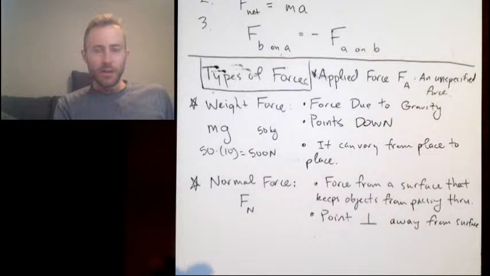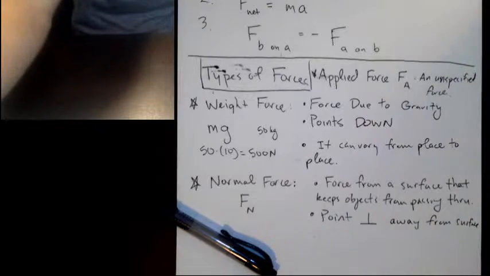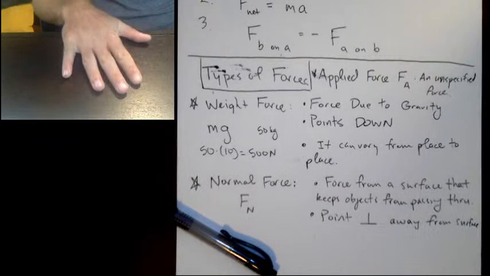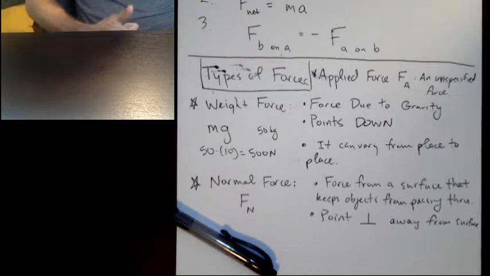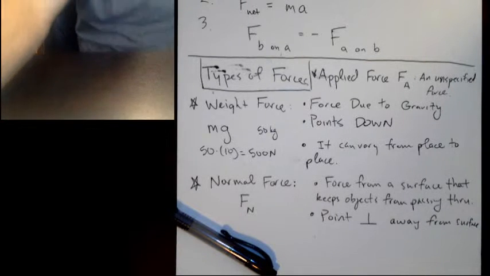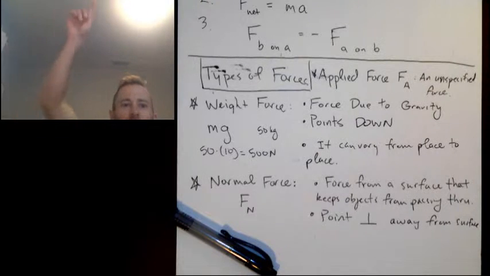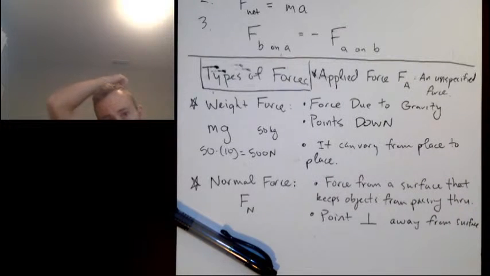So, for example, if I have a table, like my desk here, the normal force points upward, away from the table. If we look at the ceiling, the normal force points down, away from the ceiling.